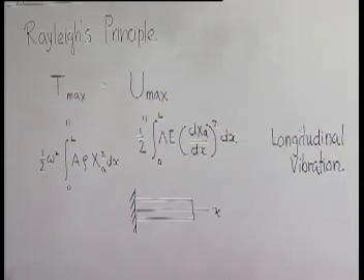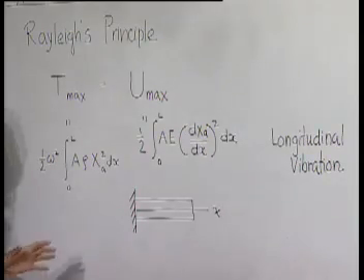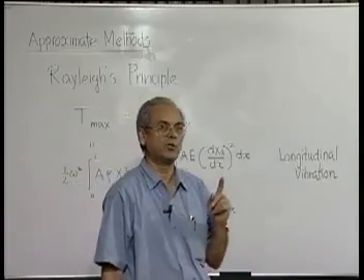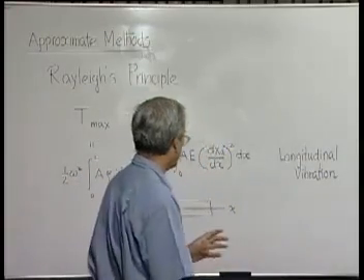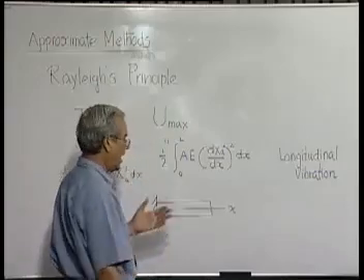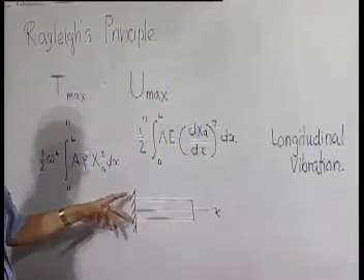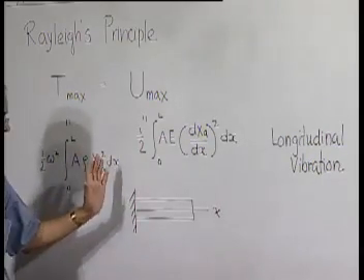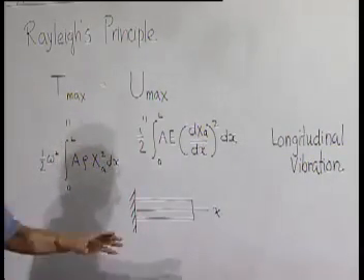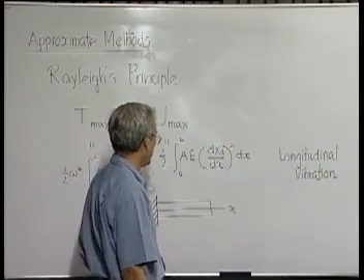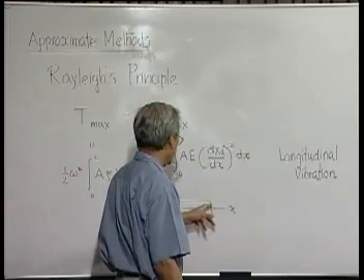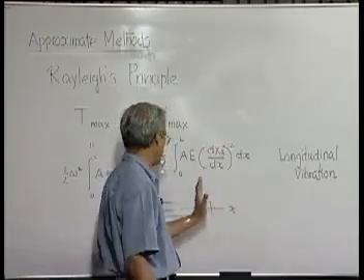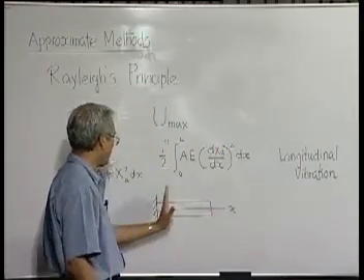But one thing we should keep in mind, to get meaningful values, that whatever mode shape we assume, they must satisfy the geometric boundary conditions. Geometric boundary conditions are those which depend on only the deflection or the slope of the particular cross section, whereas the other kind of boundary conditions are, for example, where this end is free from a force, whereas this end is fixed against any displacement.